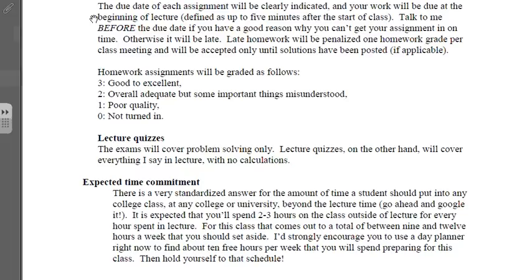Okay, lecture quizzes. Lecture quizzes are really just part of the exam, but they're a different format of question and they're graded separately. They go into your lecture quiz score, not your exam score. The lecture quizzes are just a way for me to make sure that you're going through the notes carefully enough.